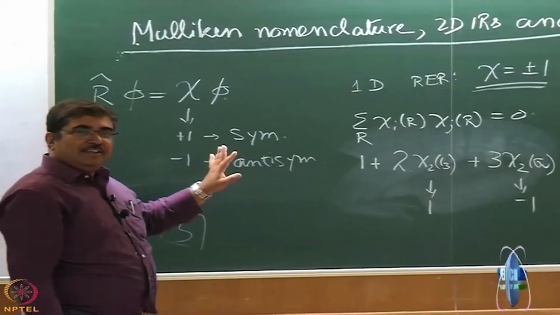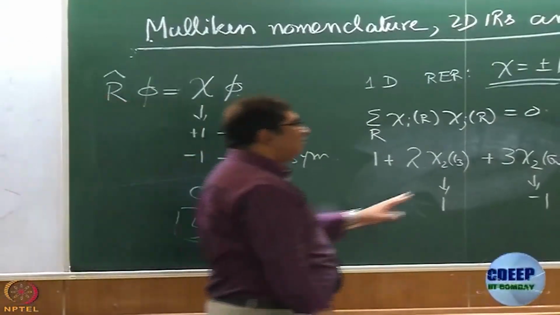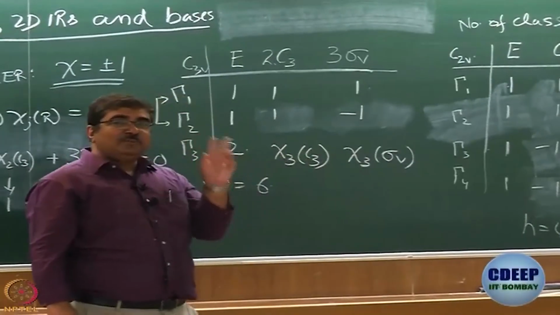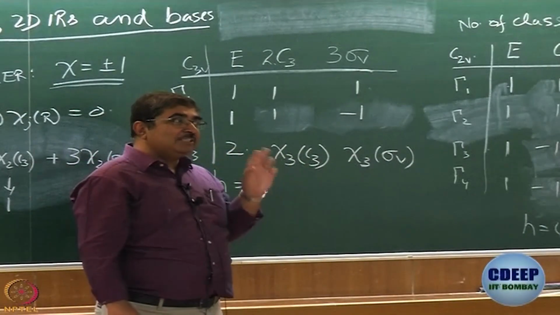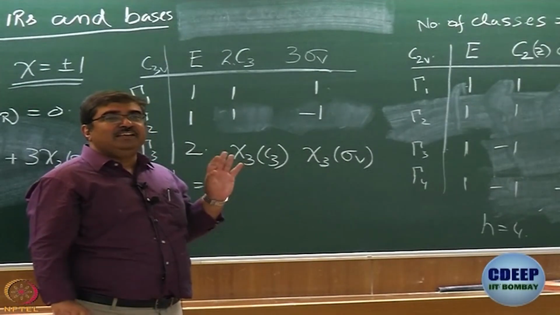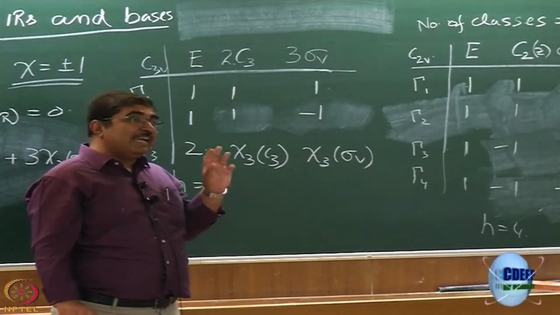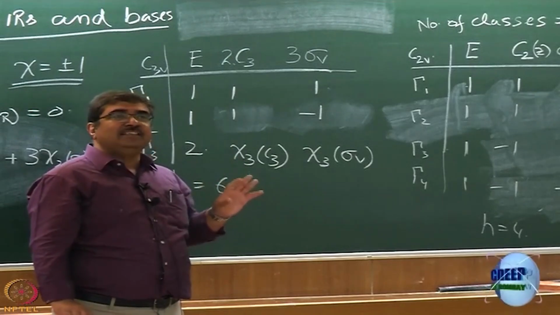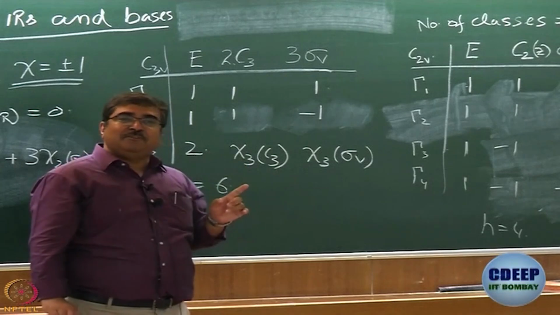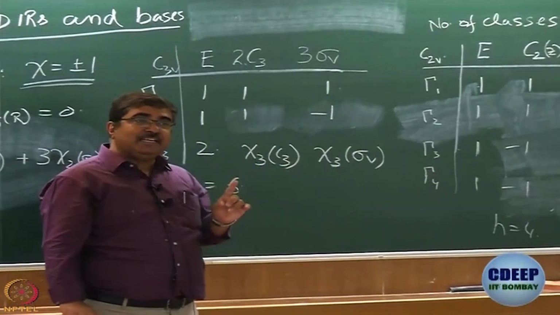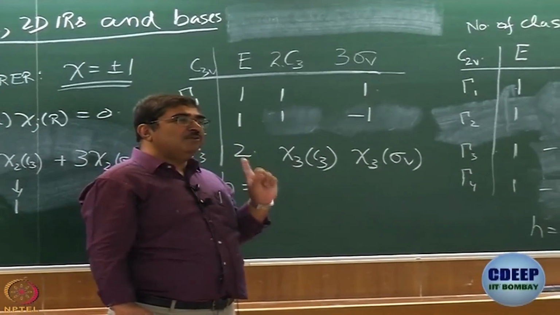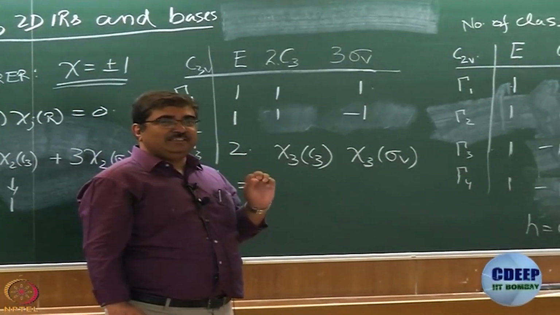Are we okay? Now, we will go ahead and try to find out chi3 of C3 and chi3 of sigma V. Now, these promise to be a little more interesting, because for the first time, we are not dealing with a one dimensional irreducible representation anymore. So, characters can be something other than plus 1 and minus 1. And even if there are plus 1 and minus 1, the implication is not the same as it is for the one dimensional irreducible representation.